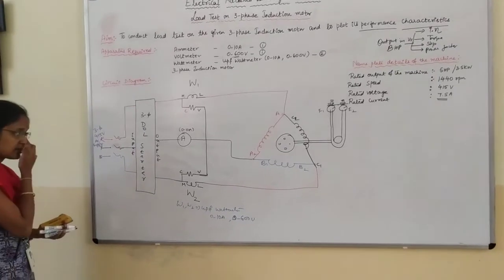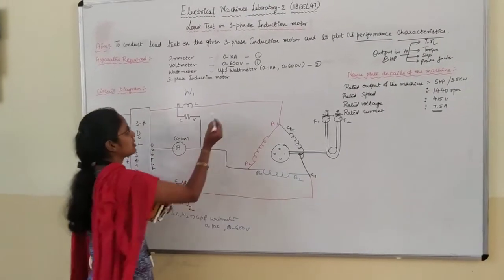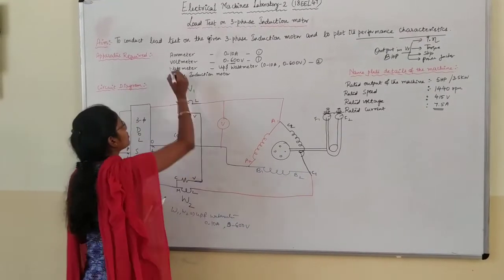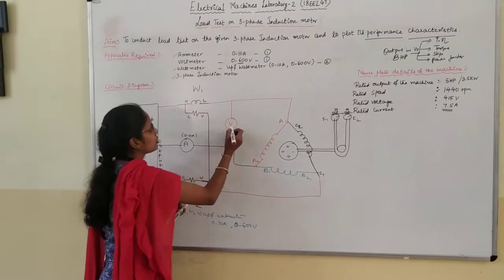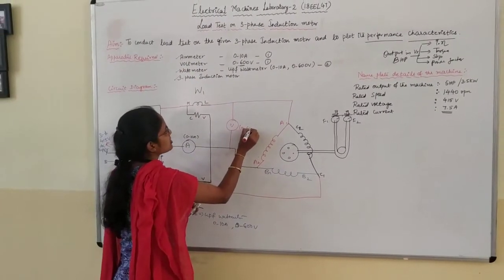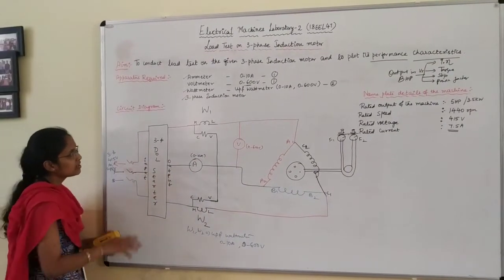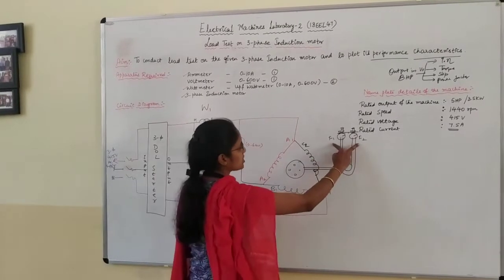One more thing, you can add a voltmeter across this, with a range of around 0 to 600 volts.